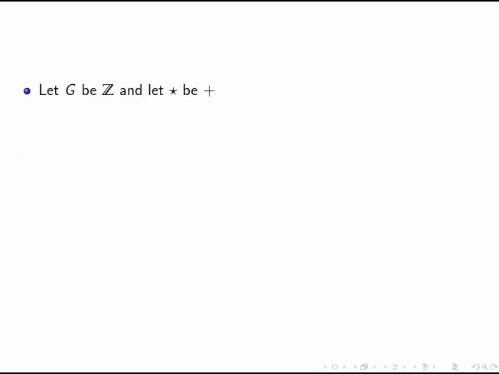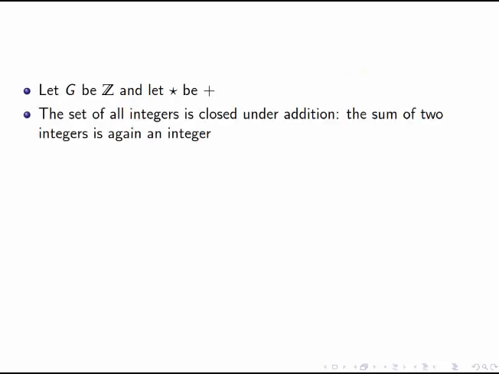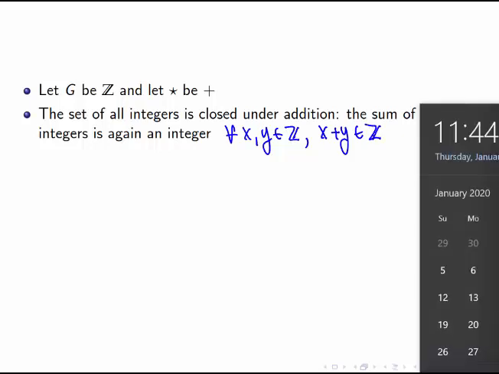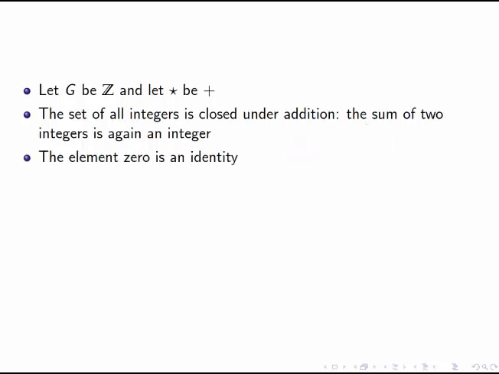So let G be the set of all integers, and let star be the usual addition. Now, the set of all integers is closed under addition, right? Because for every x and y which are integers, if you take x plus y, you get another integer. So that tells you about the closure. The zero element is the identity.